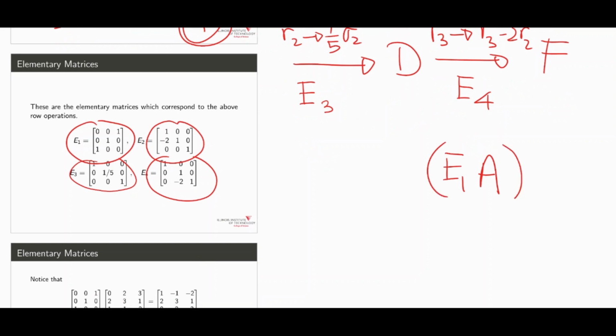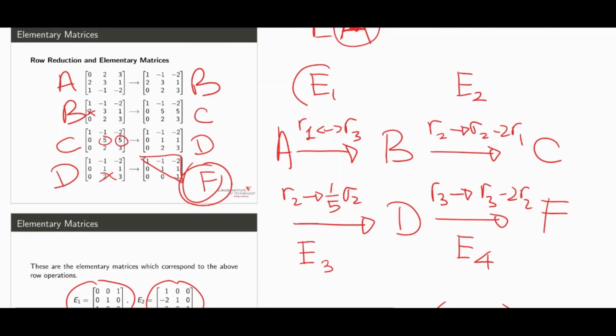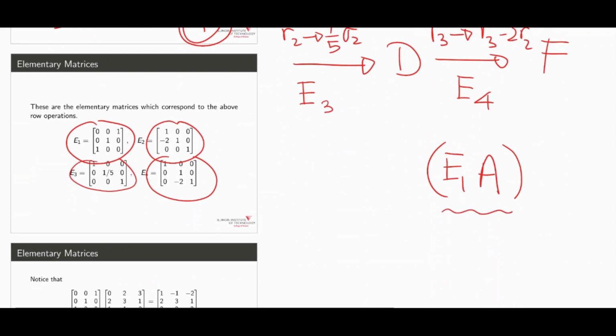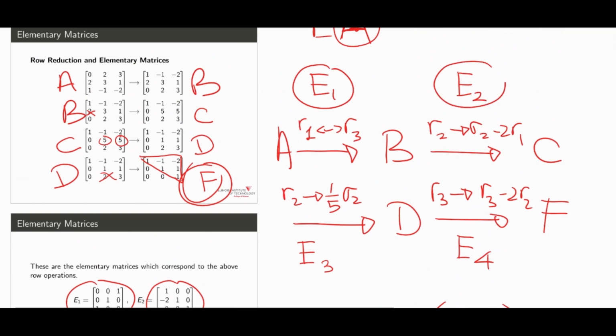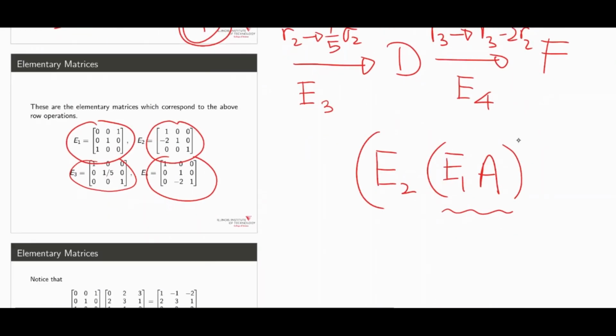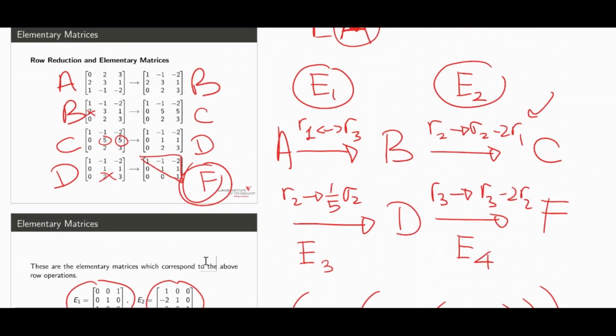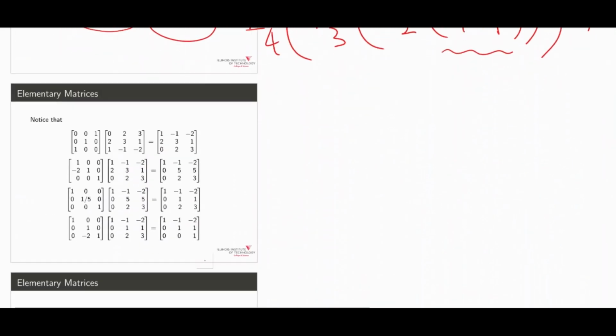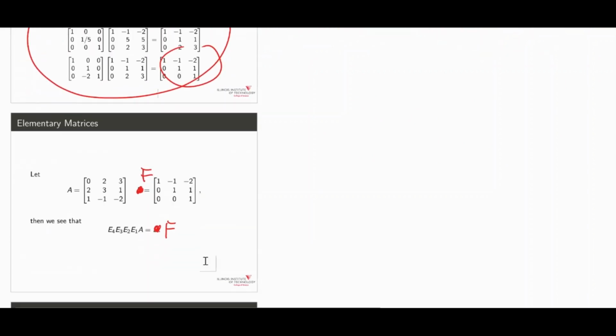That means I am doing this row operation onto A, and this is now my matrix B. Then I do this row operation onto my matrix B to get C. So this is matrix C. And then we do this row operation onto matrix C to get D. So this is D. And then finally you do this onto your D to get F. So the entire row reduction that we described right here, starting from the first one all the way to the last one, can be represented by this.